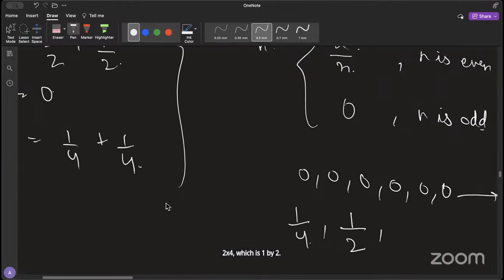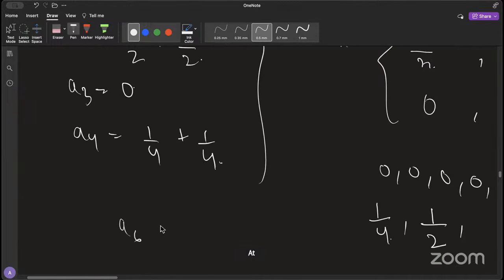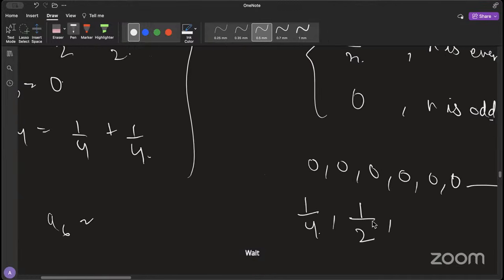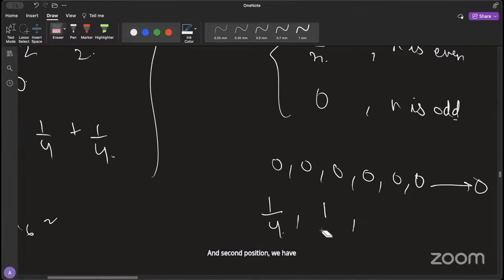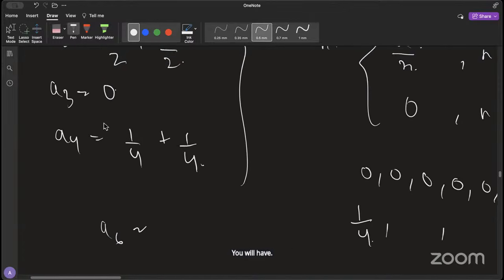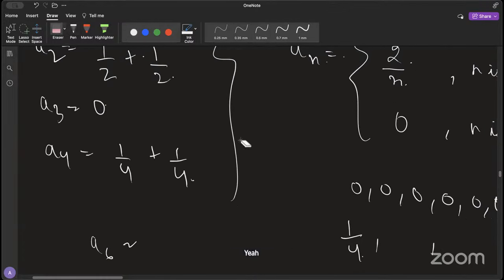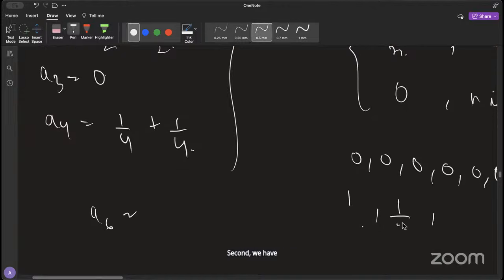Then at the sixth position, you will have, at second we have 1, and at the first we have half, right? The next one is half.